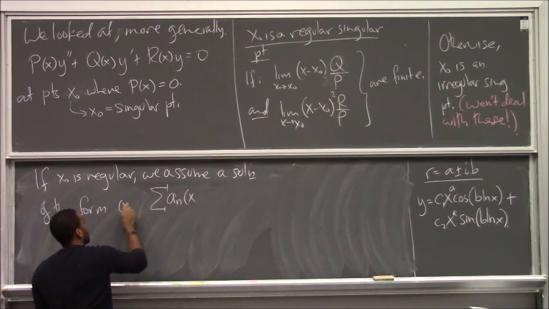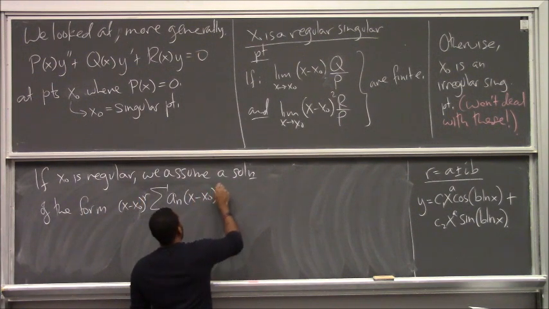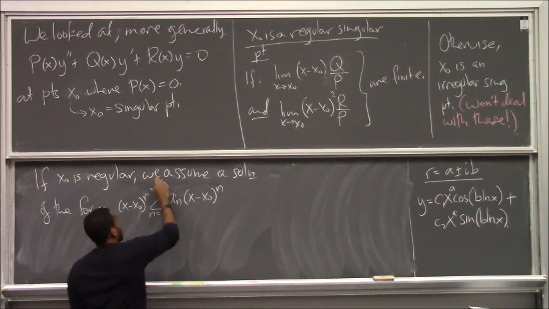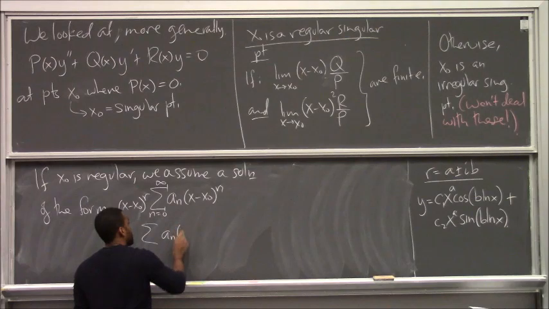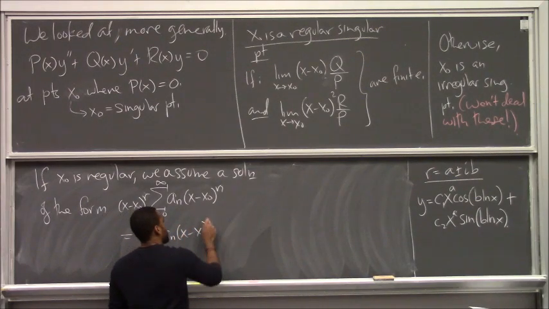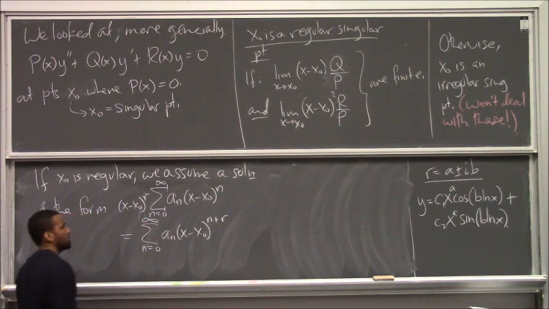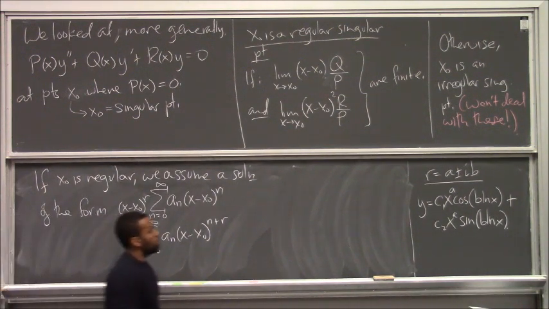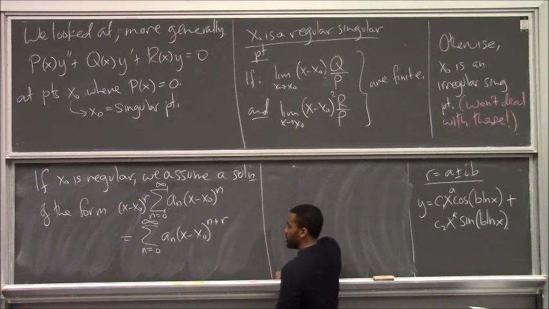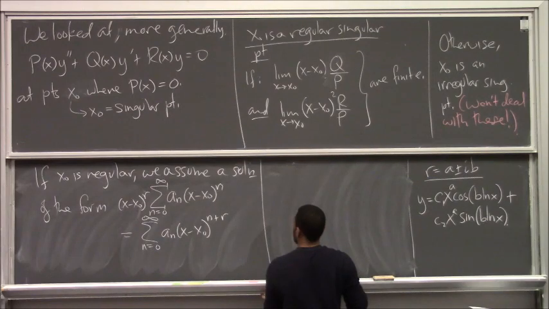More generally, or in other words, we want a power series solution that looks like that, with (x minus x naught) to the n plus r. Now, I don't believe we got here, but every now and then we can actually solve for a solution like this.